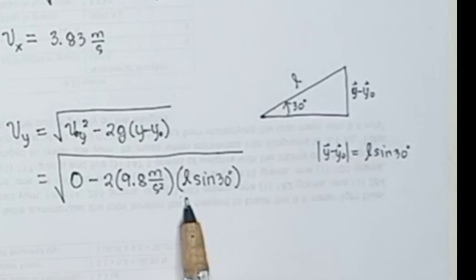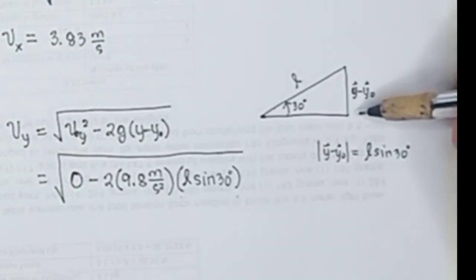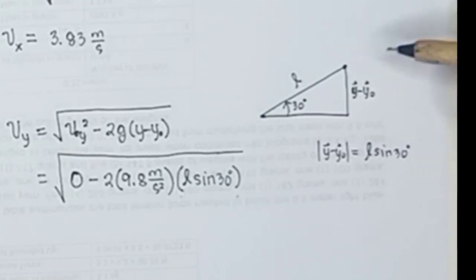This term is negative because this y minus y sub O is below the starting point.